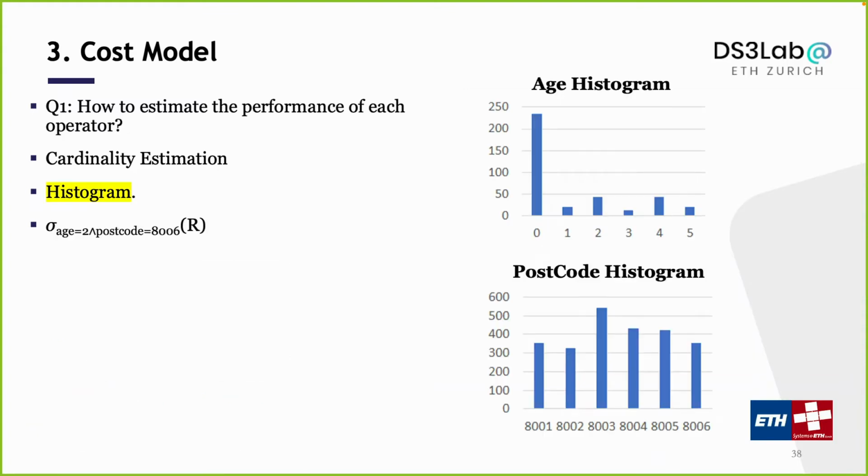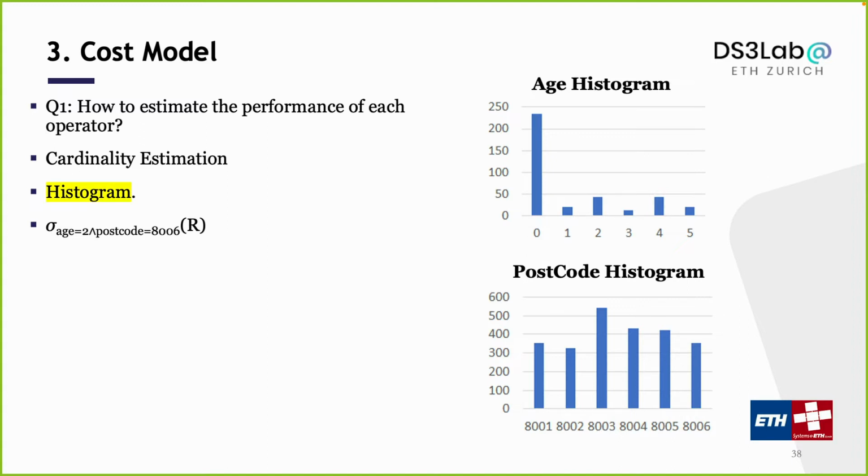And you can do this for 2 different attributes. For example, you could have a selection operator to say, I want age equals 2 and postcode equals 8006 over this relation. You could have the histogram for the age and for the postcode, and then you can combine them. But if you think about this, it's actually not clear how to combine them, because I have a histogram for every single attribute, but now I want the conjunction.